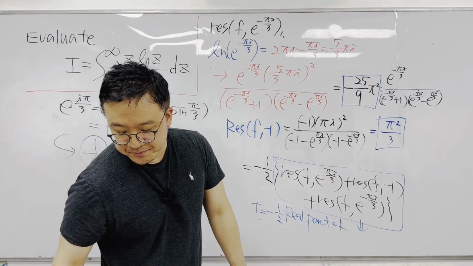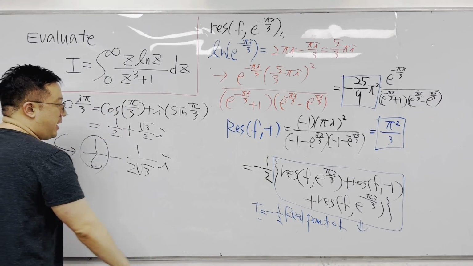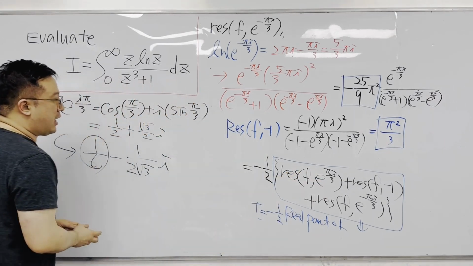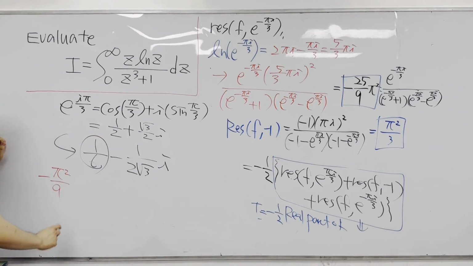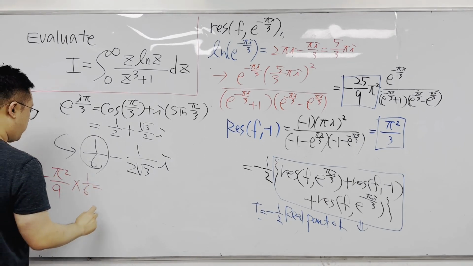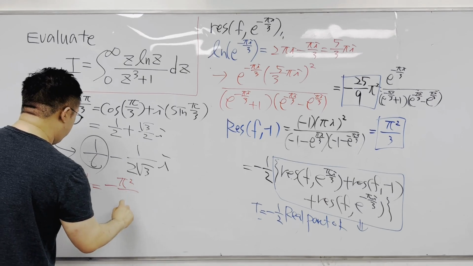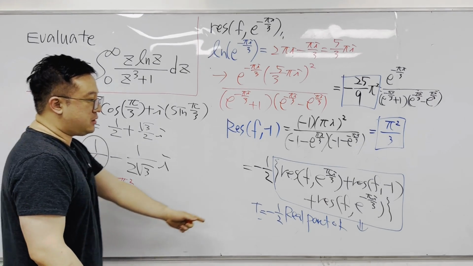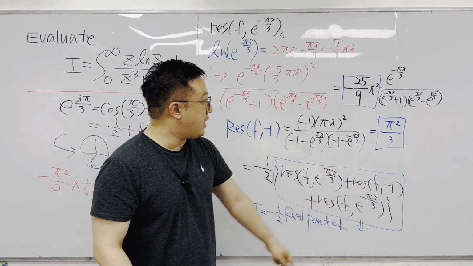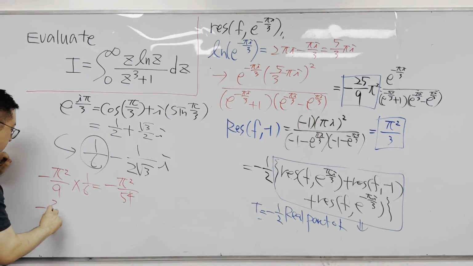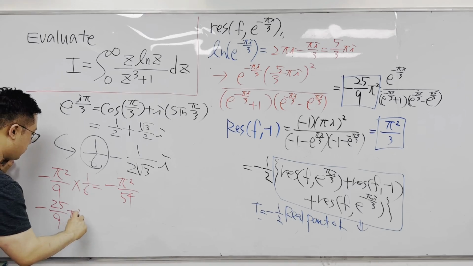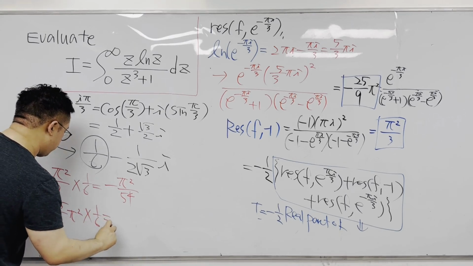Now we're almost done. The residue of f at e to the power of pi i over 3 had negative pi squared over 9 as the real part. You need to multiply 1 over 6 to it to have negative pi squared over 54. For the residue of f at e to the power of negative pi i over 3, we had negative 25 over 9 pi squared. You need to multiply 1 over 6 to it, right?